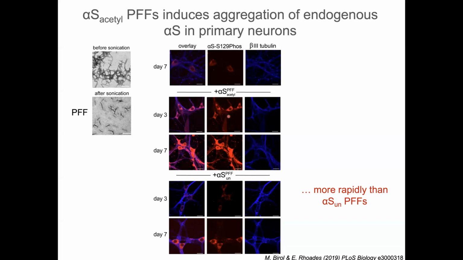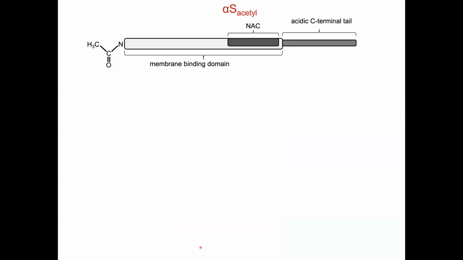That's one of the things we think is true, but we're still working on that. You could also imagine that the acetylated protein is better at seeding the endogenous protein, because the endogenous protein is also bearing that acetyl group and maybe it just seeds better. That's also possible. We don't know mechanistically, so right now this is sort of phenomenological: we know that this is true, but mechanistically we're still trying to figure out why it's true.